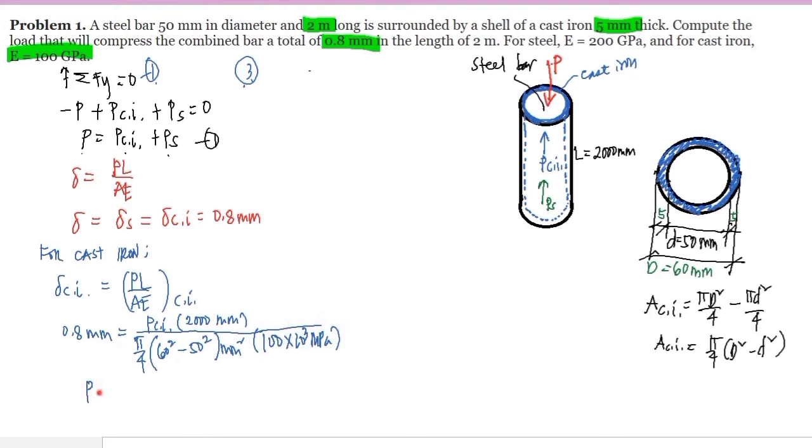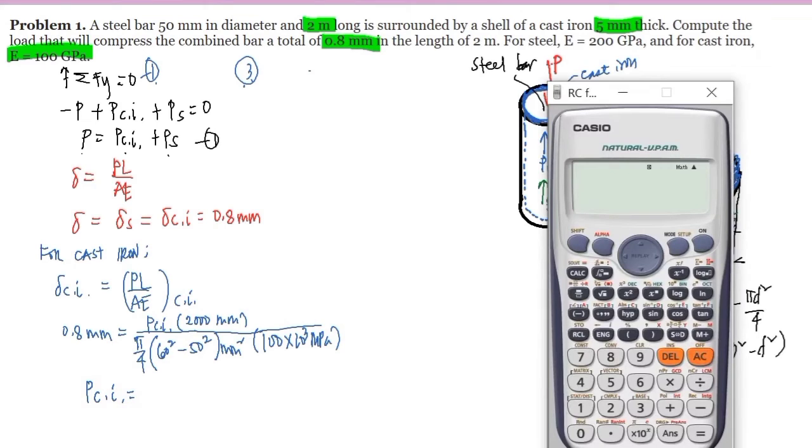Now computing for the force resisted by the cast iron, we have 0.8 is equal to the unknown x times 2000 over, hindi na natin muna isasama si pi para yung sagot natin later ay may pi.